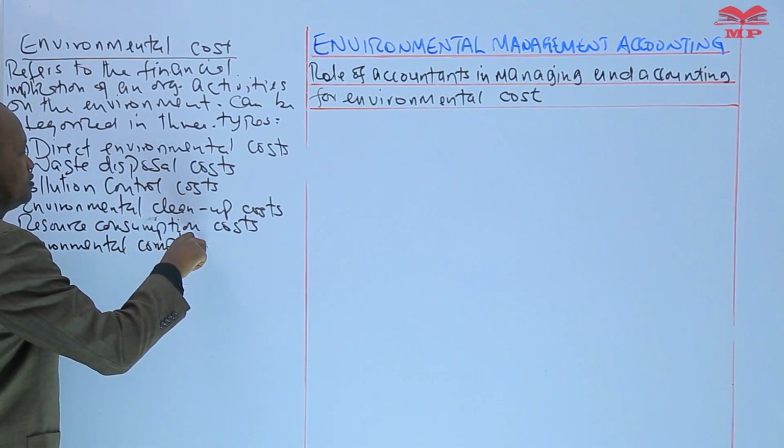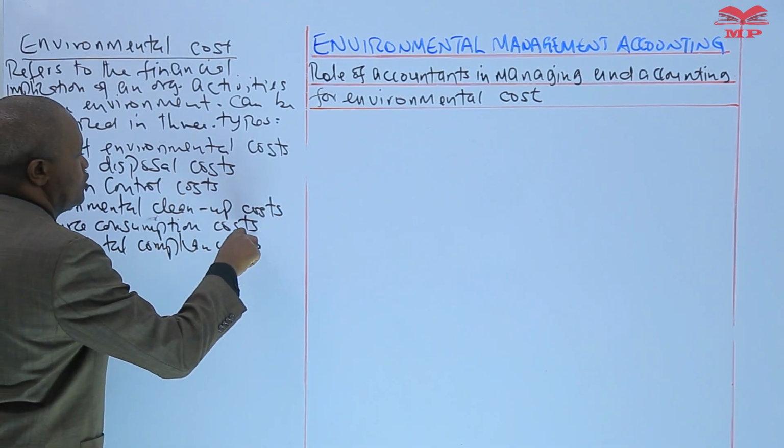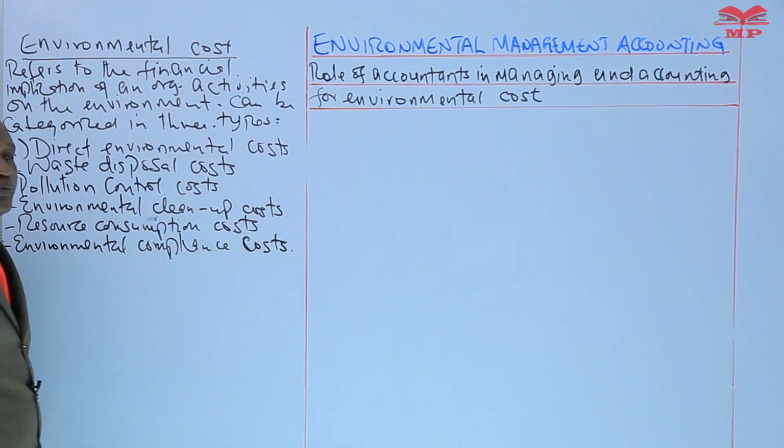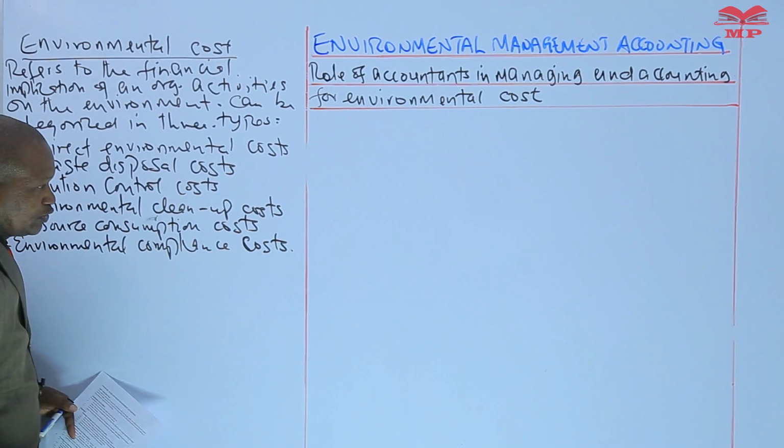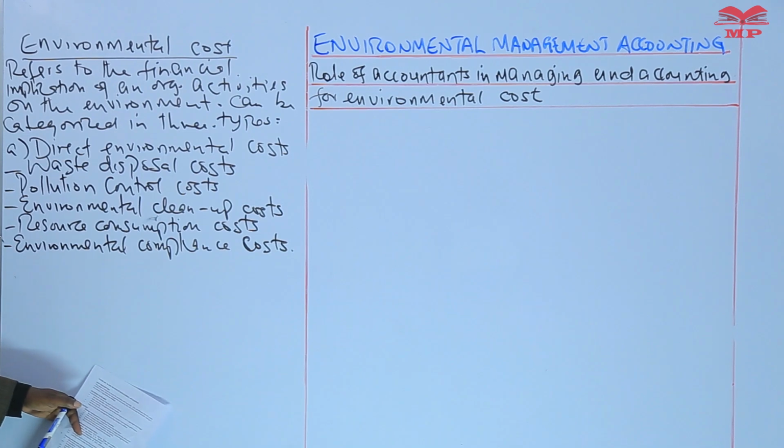Environmental compliance costs are costs like fines, costs like penalties that are incurred for violating environmental regulations. That's another example of a direct environmental cost.